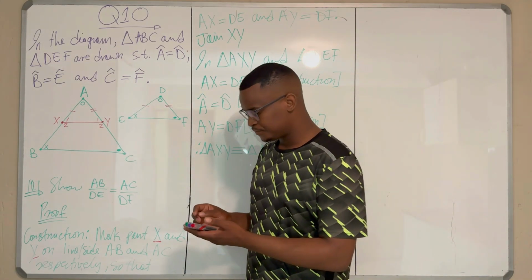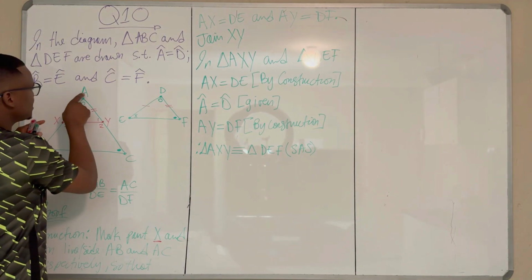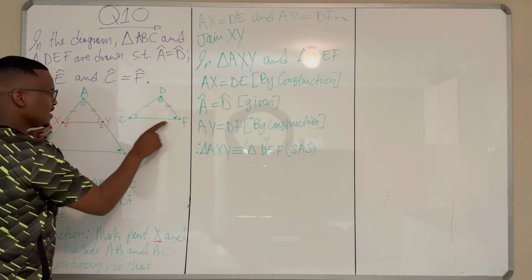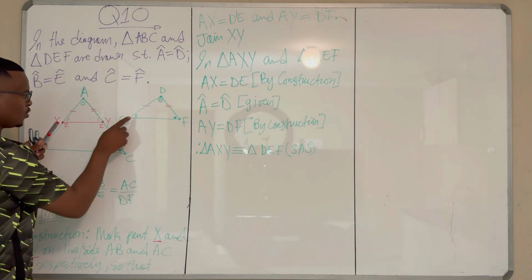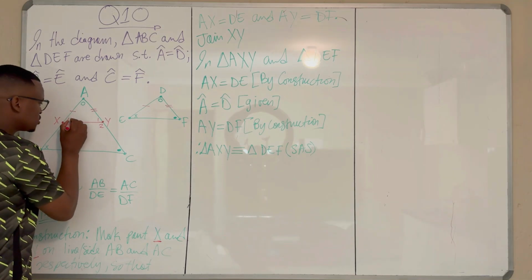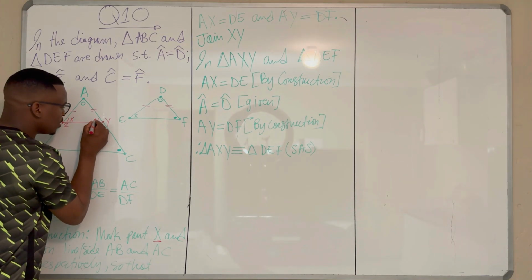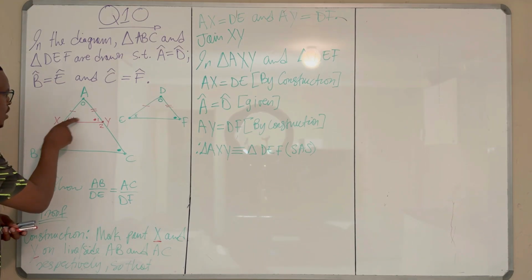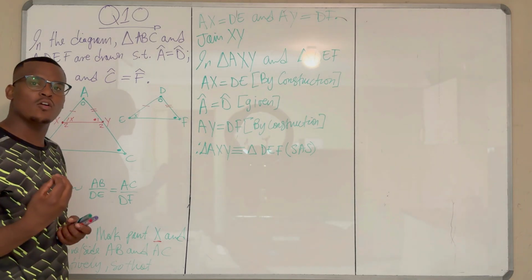So look, if these two triangles are identical, A is D, X is E, and Y is F. Which means, if this side has that measure there, this side should have the same measure. So we can say our angle X1 is the same as angle E, because these are the same angles of congruent triangles.